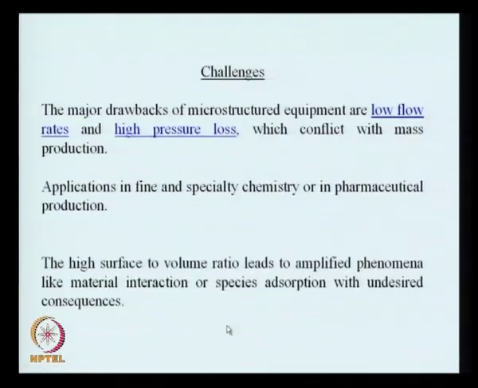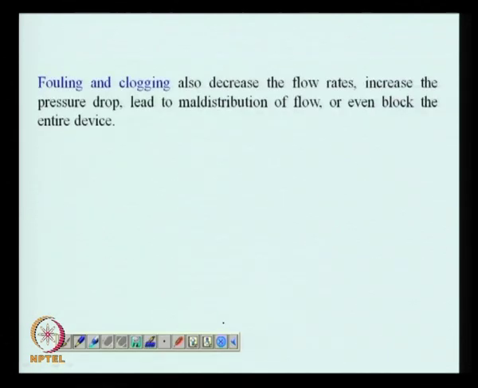If such is the product, then production in micro devices would be beneficial, would be relevant. And another thing that we have read is that the high surface to volume ratio may lead to amplified phenomena like material interaction or species adsorption, and this may have undesirable consequences as well.